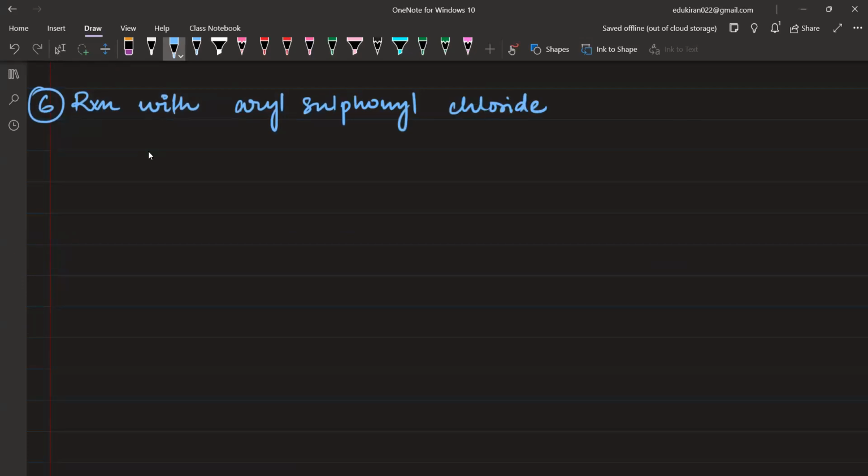So aryl sulfonyl chloride is a benzene ring, which has a bond with sulfur, doubly bonded with oxygen, doubly bonded with oxygen, and then we have chlorine. This is also known as Hinsberg reagent.